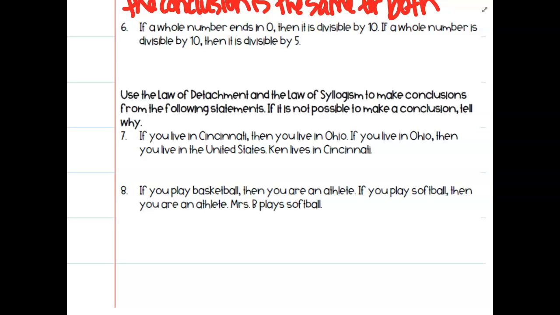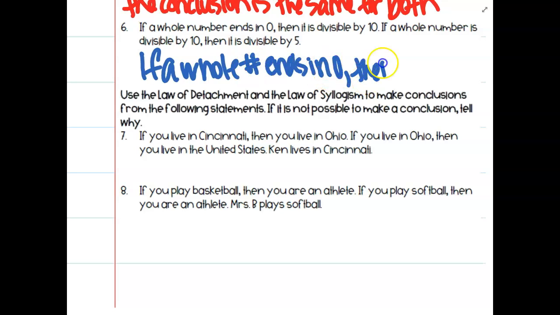How can I connect these? If a whole number ends in 0, then it's divisible by 10, and a whole number is divisible by 10. That's not necessary, okay? I can instead connect the first with the last one. Then it is divisible by 5.